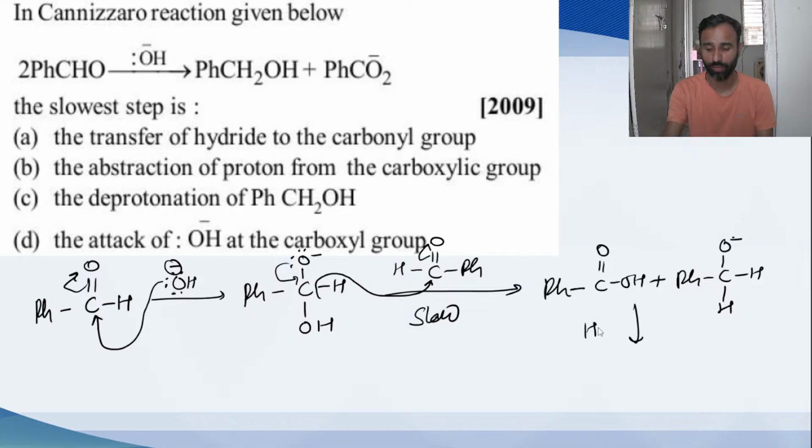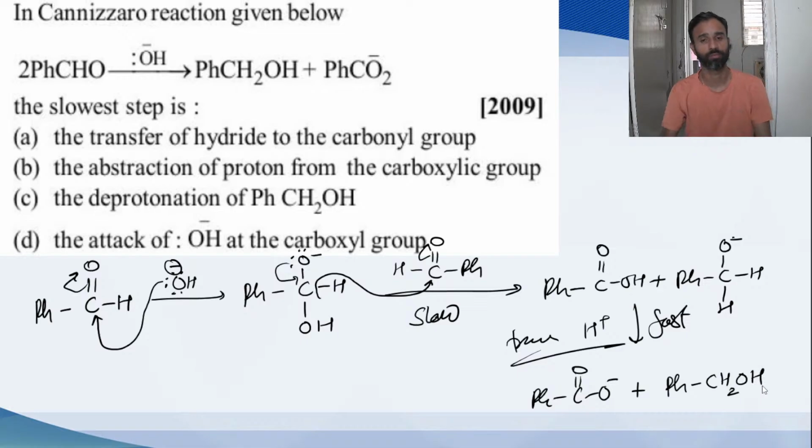Then transfer of H plus ion is a fast step, and we get PhCOO negative and PhCH2OH. Transfer of hydride ion is the slow step. Keep in mind.